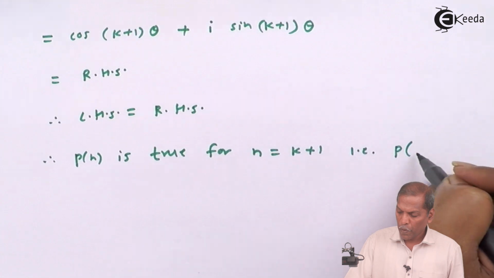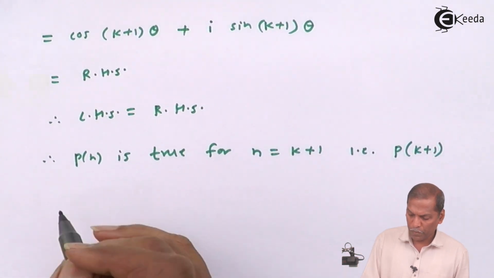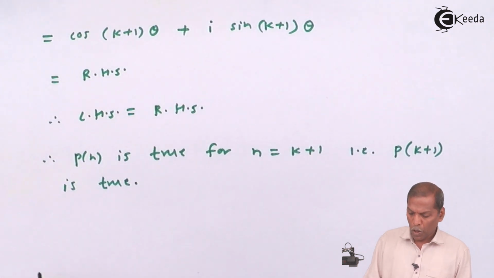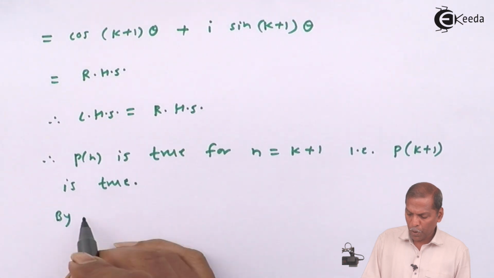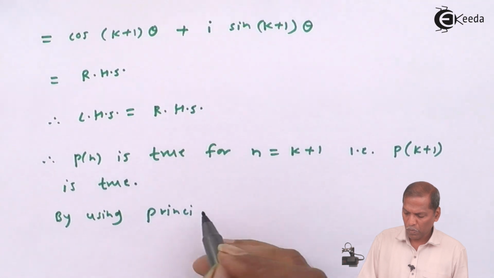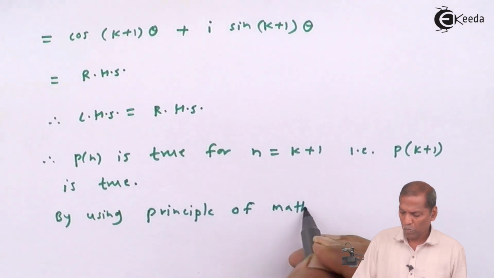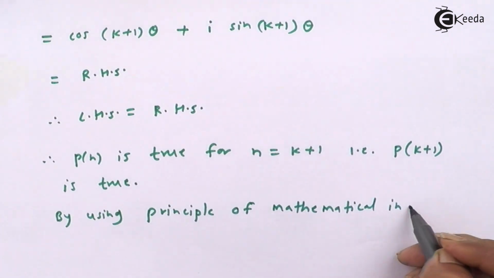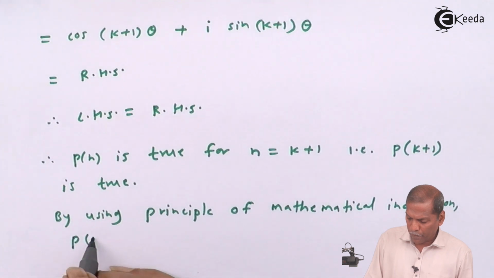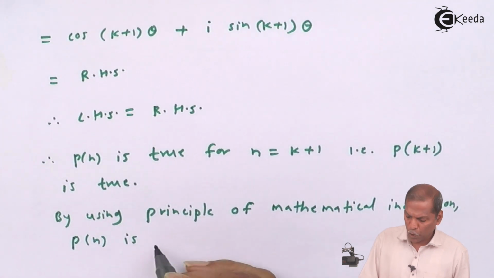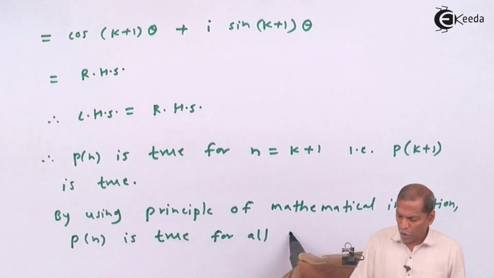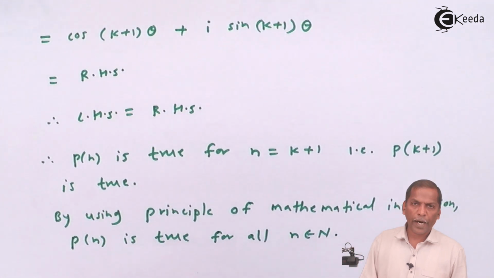That is, P(k plus 1) is true. So in this way, by using the principle of mathematical induction, the statement P(n) is true for all n belongs to the set of natural numbers.